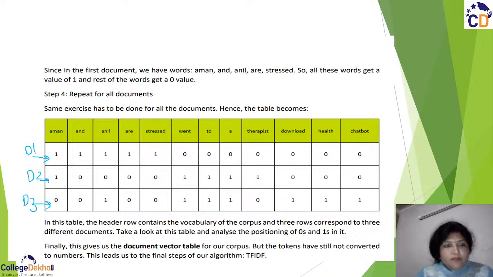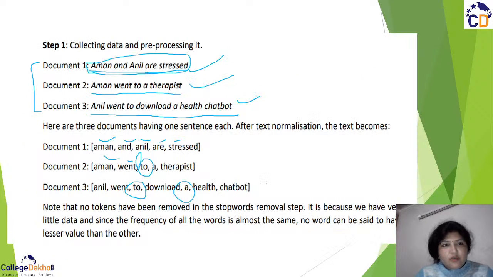So what we have seen in the first document: Aman and Anil are stressed. In the second document, Aman went to a therapist. Let us check it out also. Aman went to a therapist. Anil went to download a health chatbot.